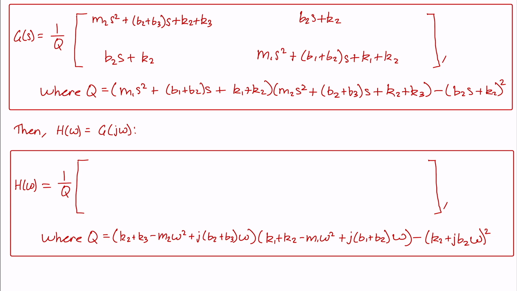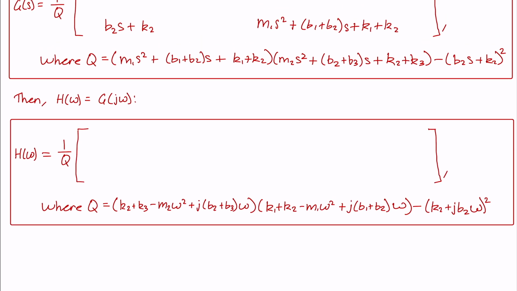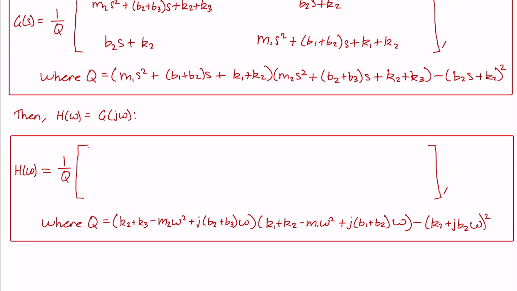All right, so then we're going to plug in s equals j omega to find our frequency response function, and we'll get here K2 plus K3 minus M2 omega squared, that's our real component, plus j times the quantity B2 plus B3 times omega. Then we're going to get K2 plus j B2 omega.